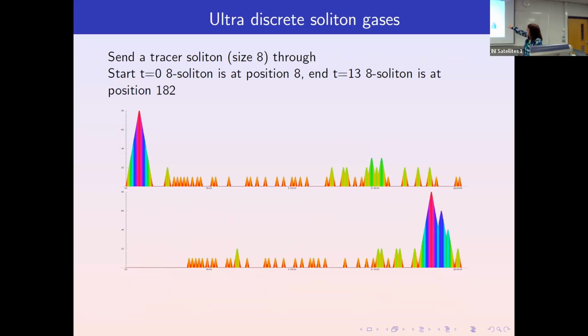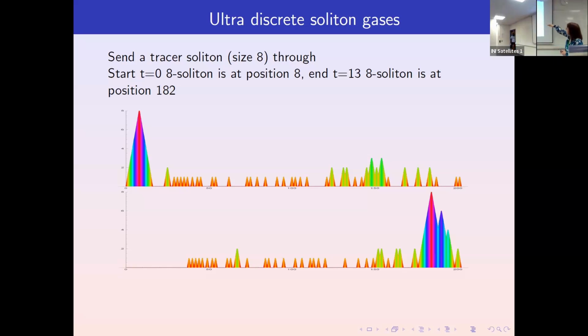So just as a quick thing, the first thing that people look at is: if I send a soliton through a field of solitons in my gas, what speed does it go? Well, because this is a large soliton, because it's phase shifted forwards by going past smaller solitons, it will go faster because these solitons are here than if there wasn't a soliton.